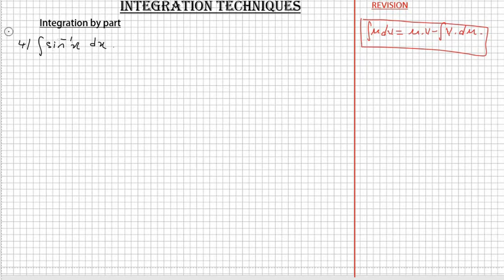But if you look at this, we can't see it directly, because integration by parts is basically used when we have the product of two functions: the first function multiplied by the derivative of another function. When I look at this, it looks like we only have one function, which is the inverse sine of x.